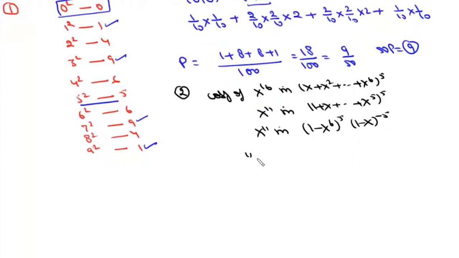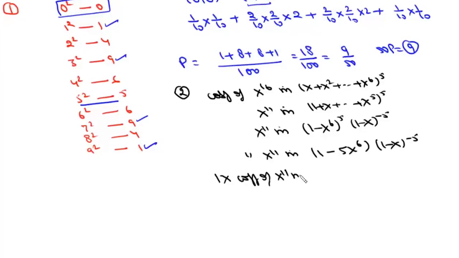Or we can write this as the coefficient of x to the power 11 in (1 minus 5x to the power 6) into (1 minus x) to the power minus 5. Now for this, we need 1 into the coefficient of x to the power 11 in (1 minus x) to the power minus 5, and then minus 5 into the coefficient of x to the power 5 in (1 minus x) to the power minus 5.